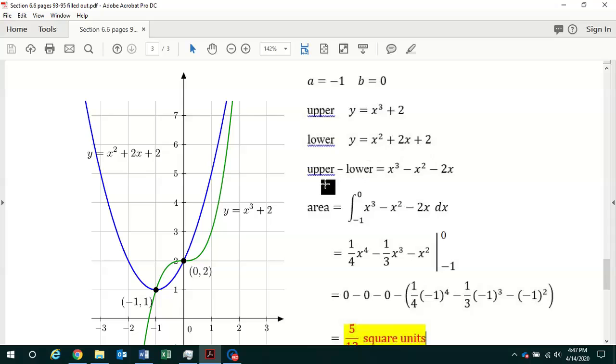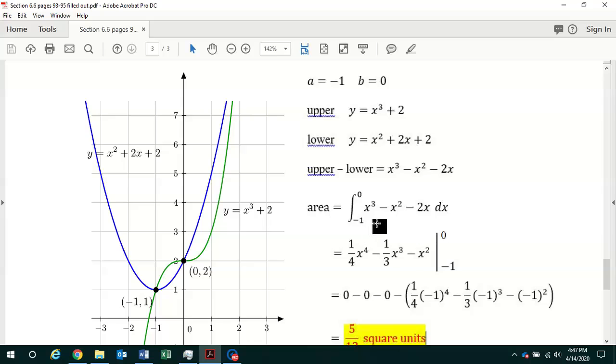And when we subtract the upper equation minus the lower equation and simplify, we end up with x cubed minus x squared minus 2x. So the size of this area is equal to the definite integral from minus 1 to 0 of x cubed minus x squared minus 2x.